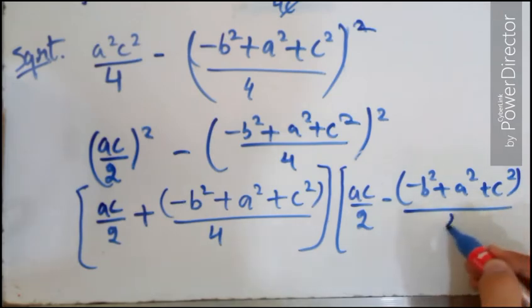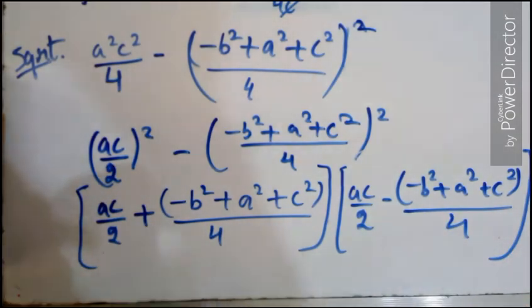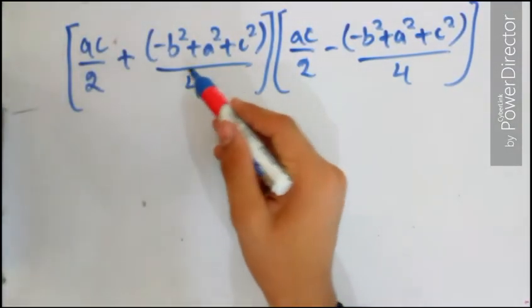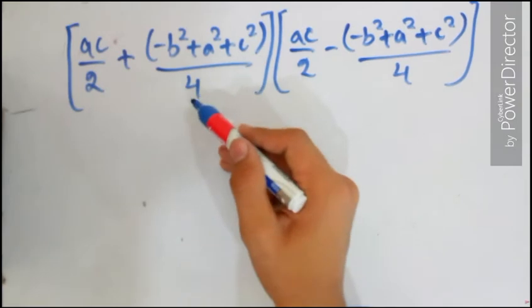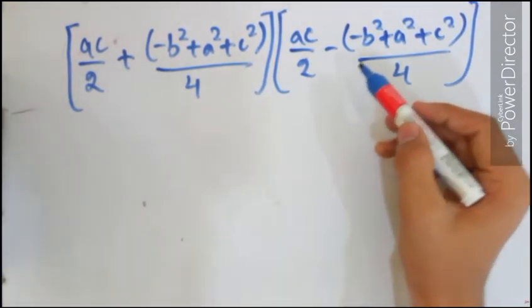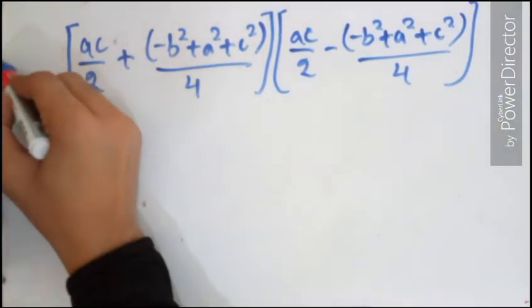This whole right here. And now we have to simplify this. So we have ac upon 2 plus B squared plus A squared plus C squared upon 4, into ac upon 2 minus B squared plus A squared plus C squared upon 4, under the square root.